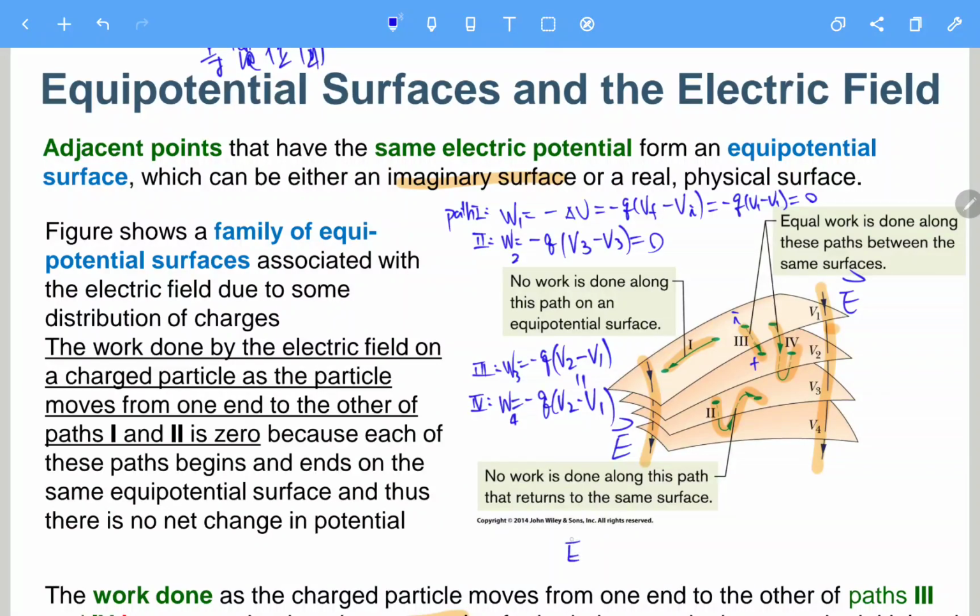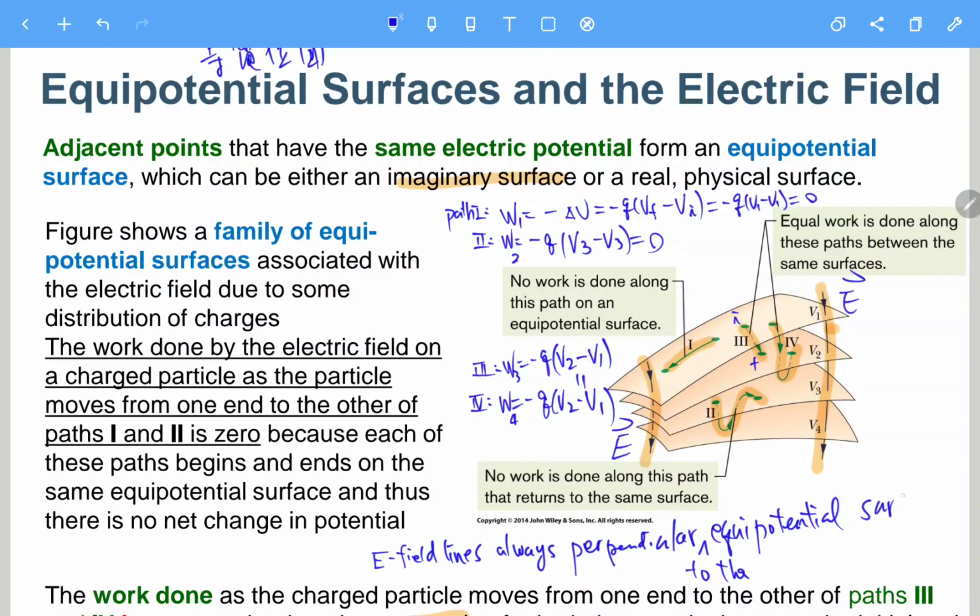The E field line is always perpendicular to the equipotential surfaces.